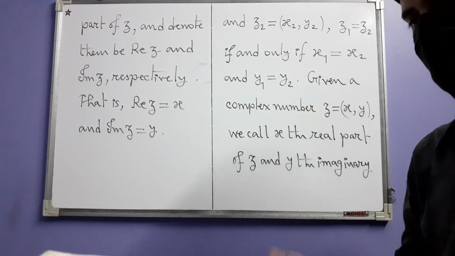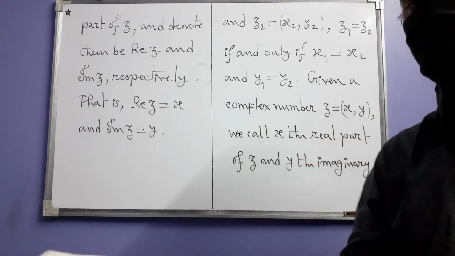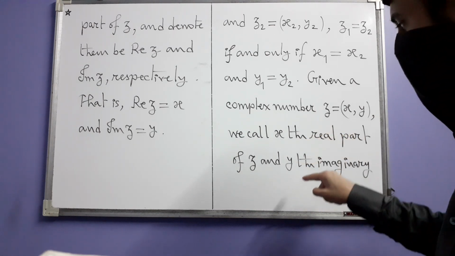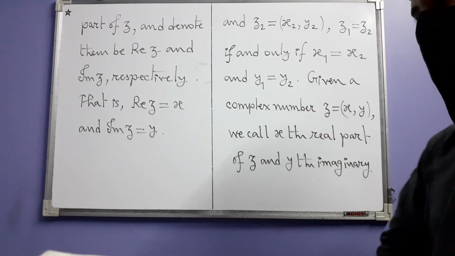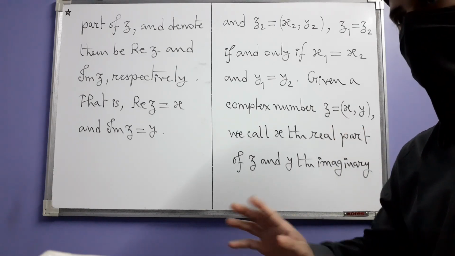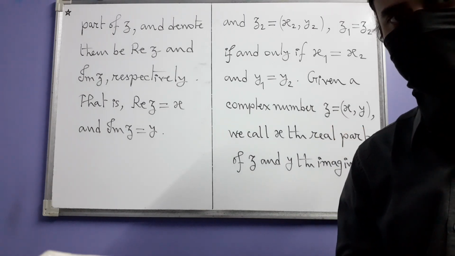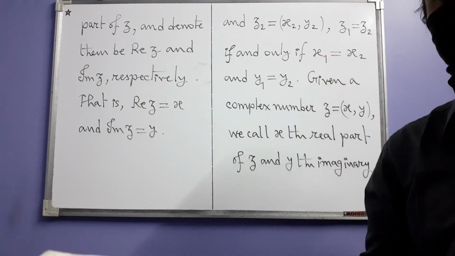How justified are we to say that x is the real part of z and y is the imaginary part of z? Why do you think a complex number cannot have two different real parts? That fact comes from this definition of equality.